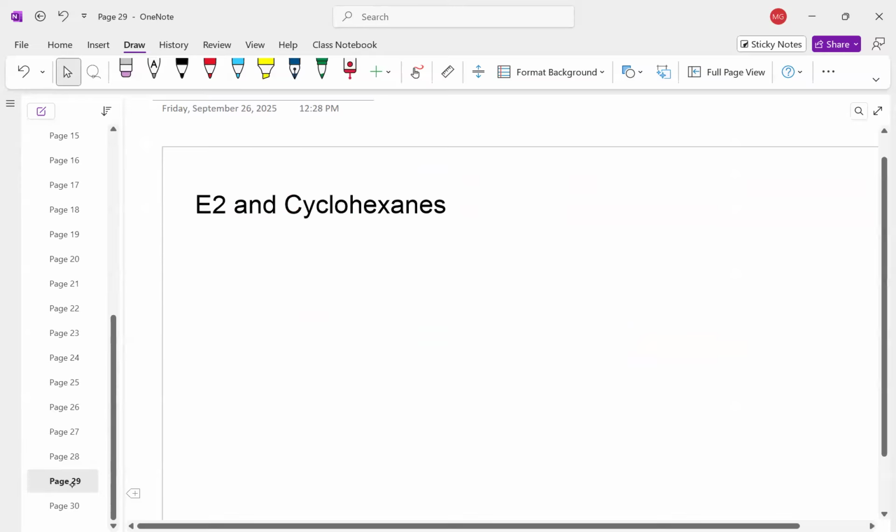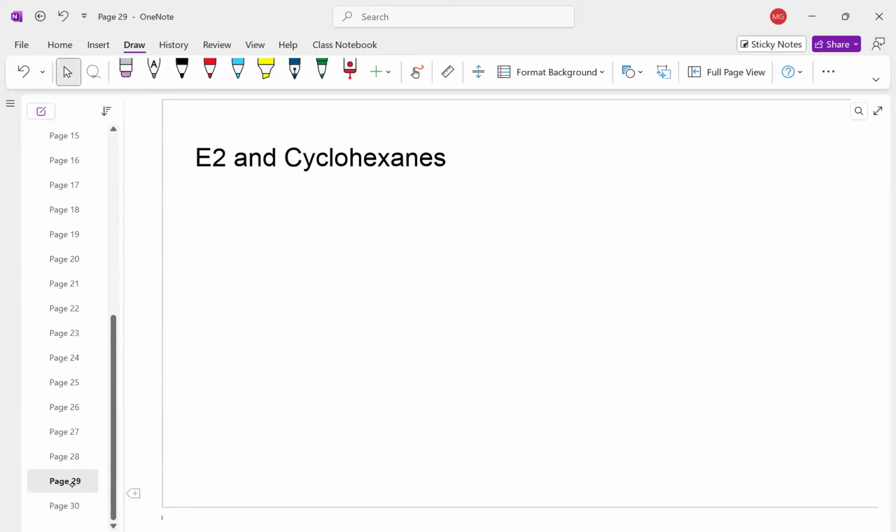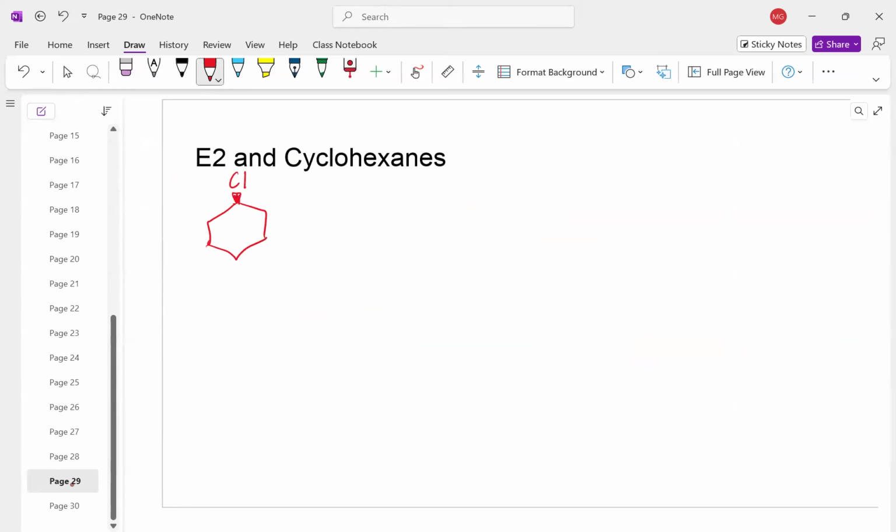Now, the last thing I want to highlight before we do a few more practice problems is dealing with E2 when your leaving group is on a cyclohexane ring. Okay, so again, we're just assuming we're doing E2 here.